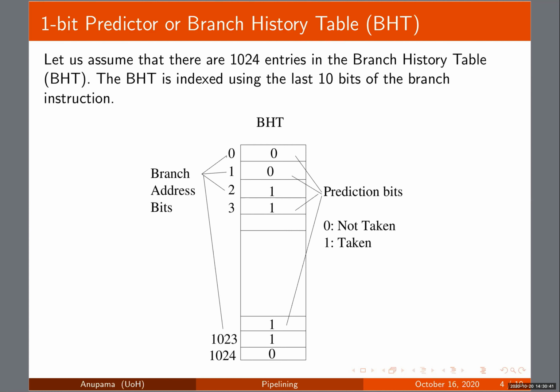Please remember what we said about a non-blocking cache, hit under miss and even miss under miss, right? You are able to proceed to the next instruction even though the previous instruction resulted in a miss in the cache. This will mean that instructions are executed out of order. When you do that, you are going to see write after write hazards as well as write after read hazards.